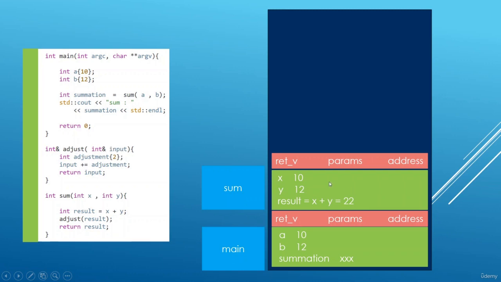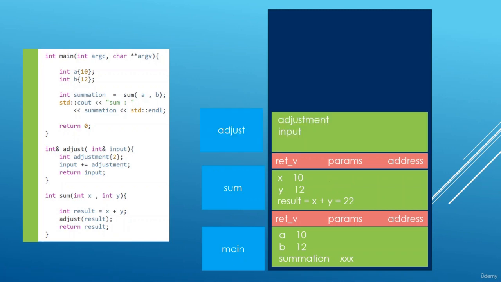Once we have our stack frame on top here, we're going to activate the adjust function. Again, we're going to add the activation record of this function to the top of the stack, and we're going to have our local variables inside. You see we have the adjustment variable and we have the input variable. But the input variable is really a reference to the parameter that we pass to this function.